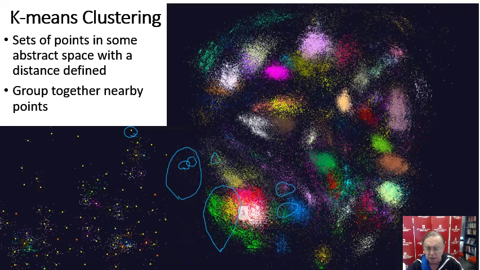Here's an example which actually has cleaner clusters, so it's not so obvious from this picture because it's projected. This is a high-dimensional space. This maroon cluster here is actually pretty distinct. If you looked at it in 3 dimensions, you would see that it's actually separated rather cleanly.